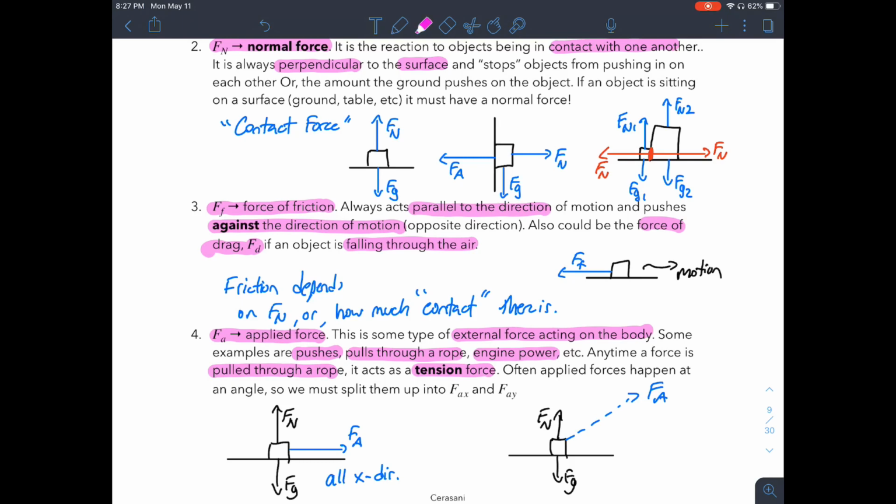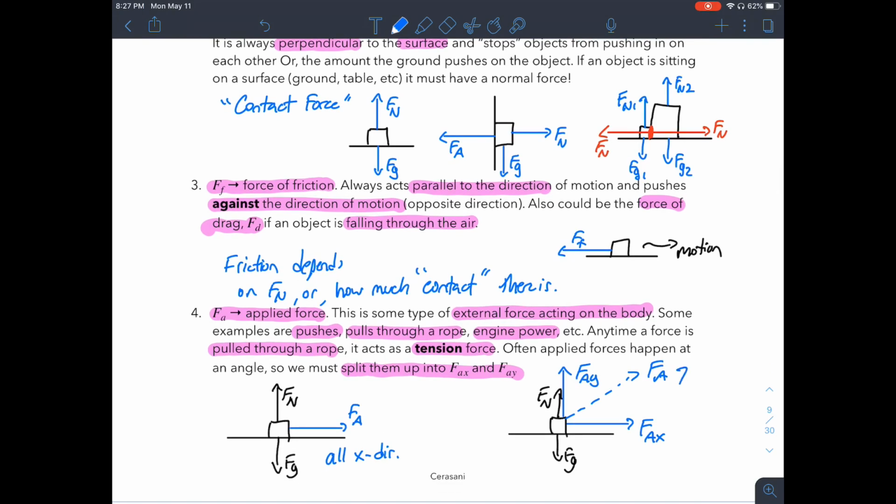We need to split up our force into our X and Y components. So instead, you are going to get FAX and FAY in the X and Y directions. And again, we're really good with vectors right now, so that uses trig, and this is just vectors. We need to split up our angled force into vectors.